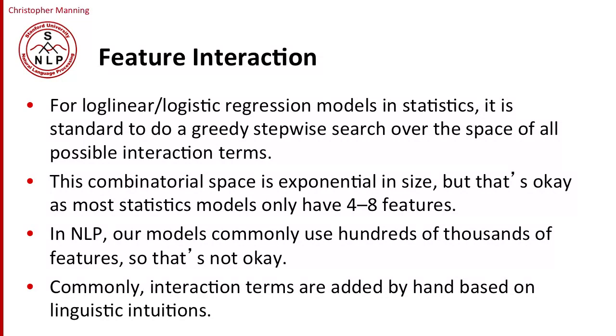And so in NLP it's actually normal that which features and which interaction terms are put into the model is just determined by hand based on linguistic intuitions. Not always. There has been some work looking at automatic ways to find good feature interactions, though even that work has to do some fairly heuristic things to make up for the fact that the search space is so big in this case.